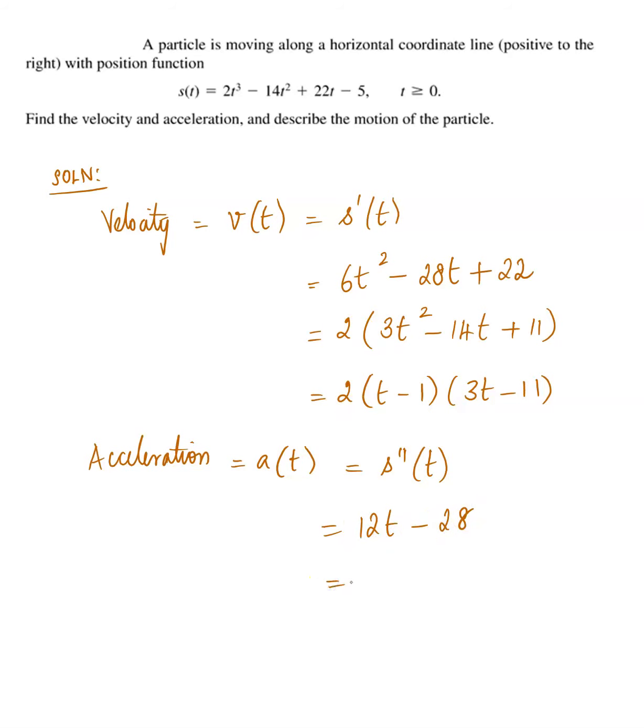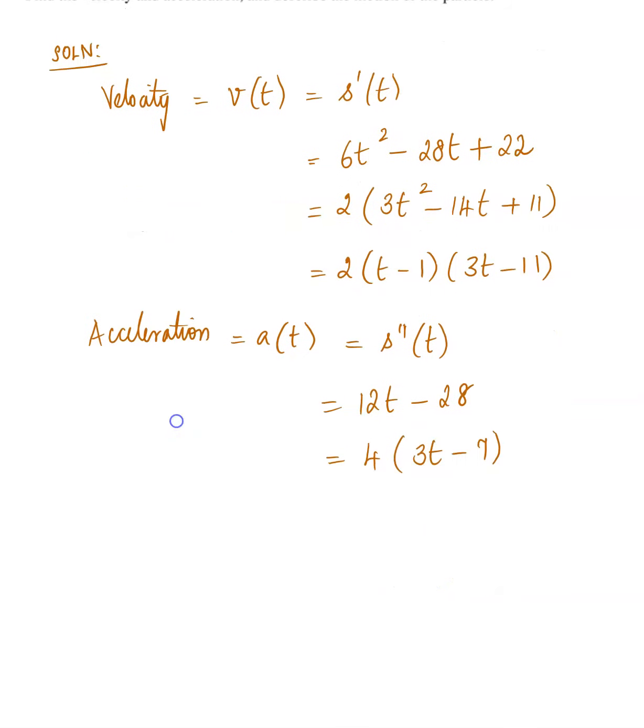Let's factorize this as well. If we pull out a 4, that will be 3t minus 7. The reason I factorize it is because we need to get the critical points, and then we will talk about the behavior of s, the concavity and all that. So we're going to do all that in this problem.